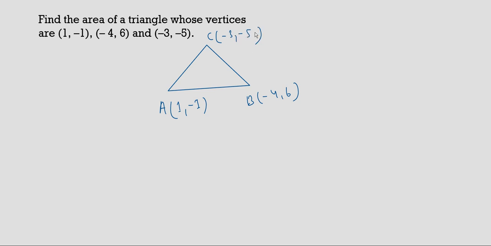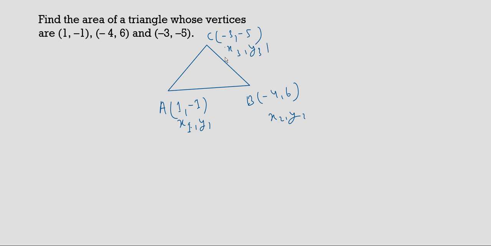Now use your pen and copy along with me. First of all, you should substitute the values of the coordinates you have chosen into x1, y1, x2, y2, thereafter x3, y3.